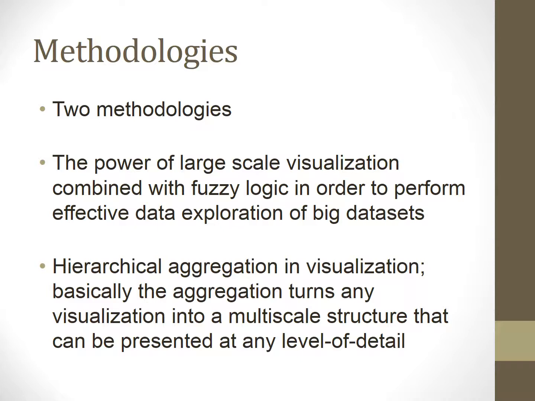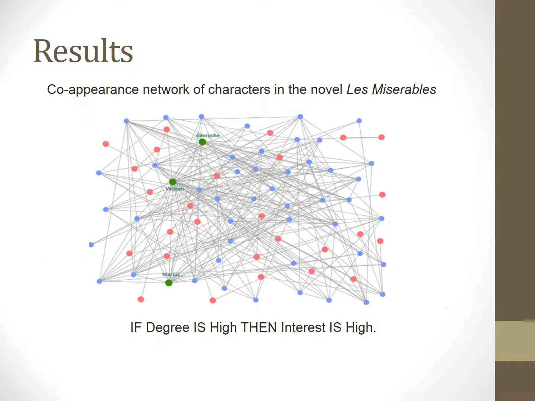Now, within this methodology, they use different types of visuals, like scatter plots, and they try to identify which ones were better with the different types of information that are presented. Okay, so let's look at the results for the first methodology.